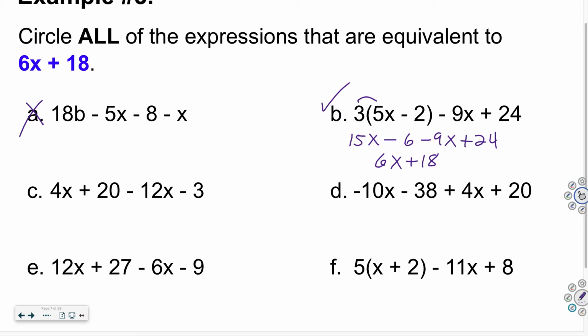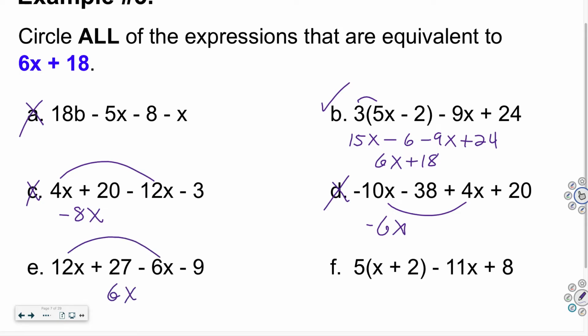All right, C, we have 4x minus 12 is -8x. That doesn't work because we need 6x. Here we have -10 plus 4 is -6. That won't work. Okay, here we have 12 minus 6. That might work. Okay, 12 minus 6 is 6x. 27 minus 9 is 18.